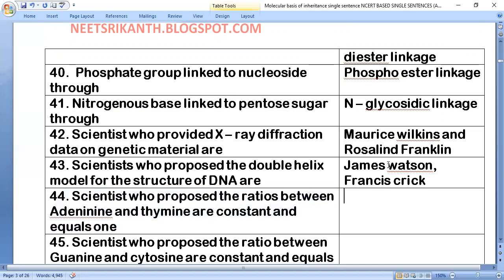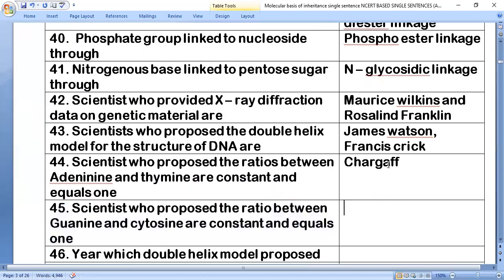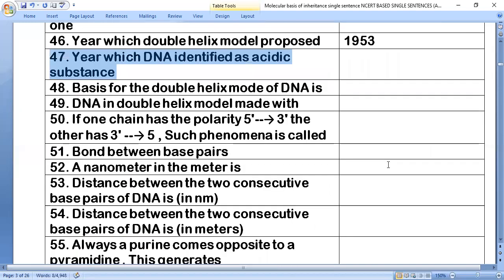Scientist who proposed that the ratio between adenine and thymine is constant and equals 1: Chargaff. Ratio between guanine and cytosine is constant and equals 1: Chargaff. Year in which the double helix model was proposed: 1953.